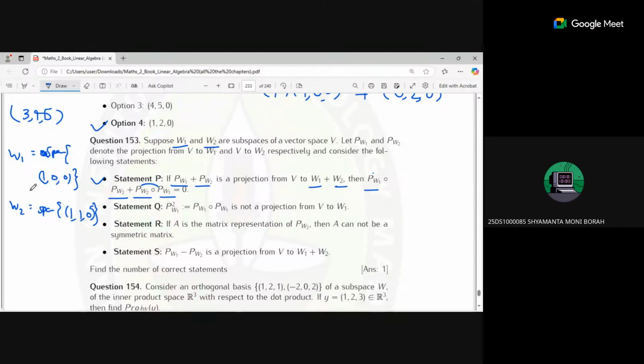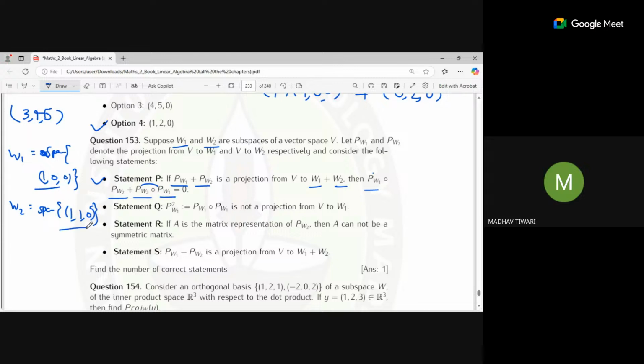Can we take three dimensions? No, you can take any dimension. To avoid certain other cases, I am just taking this so that more concepts can be defined from this. That's why I'm taking one dimension and two separate spaces here.